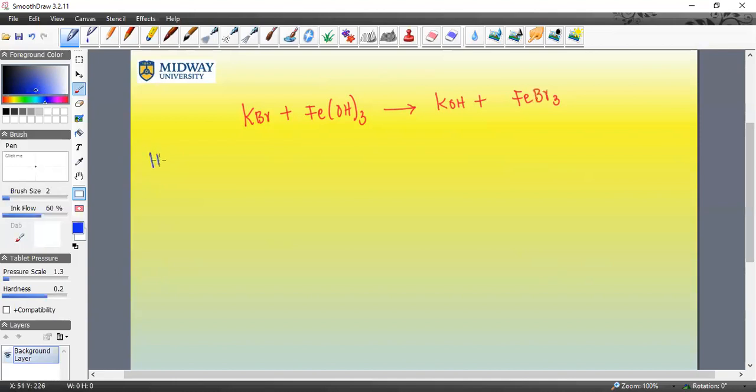So I have 1 potassium, 1 bromine, 1 iron. This 3 is only for the O and the hydrogen, not for the iron. So this is like your sir or junior, senior, whatever it is you put behind your name. That's only for this. That's not for everybody in the class.